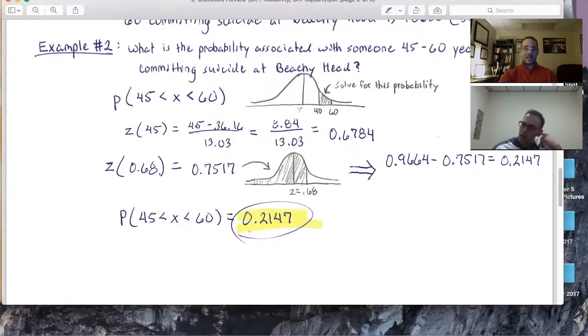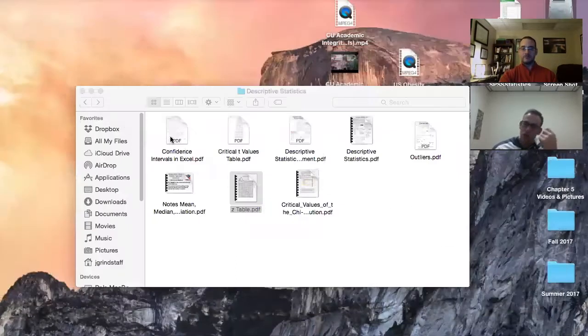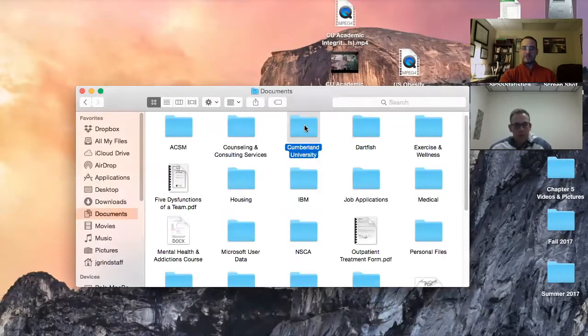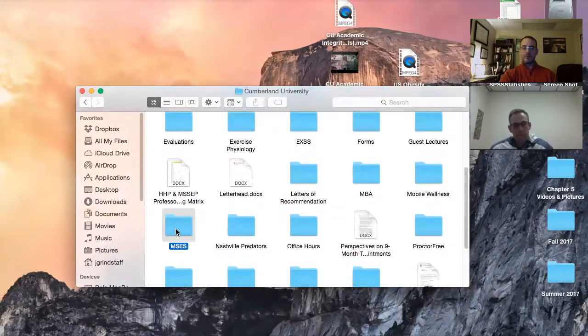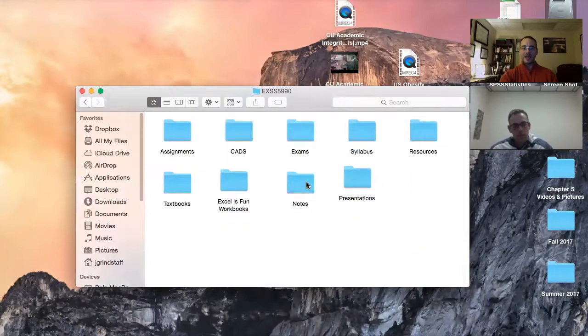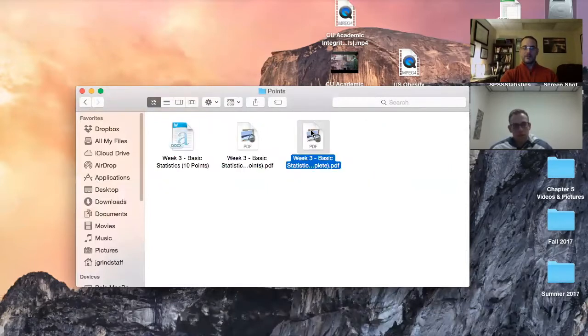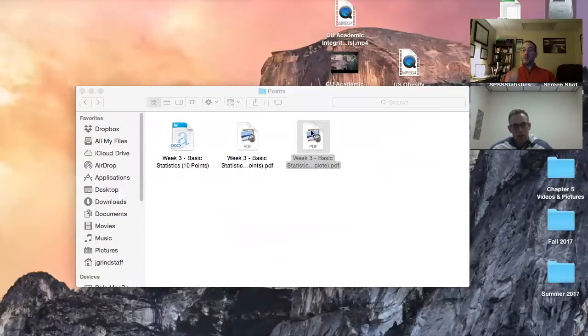In this case, yes, you were correct in that it probably was not perfectly normally distributed. It was certainly skewed positively.